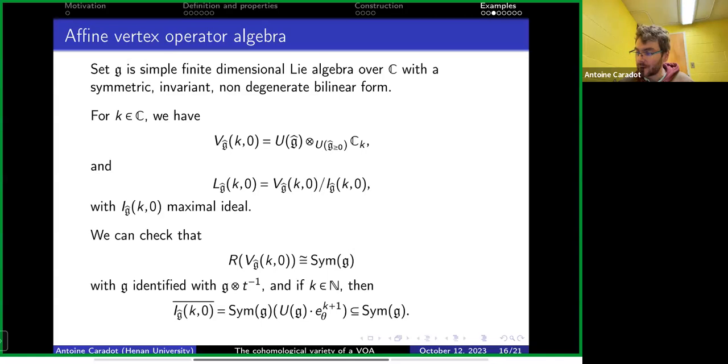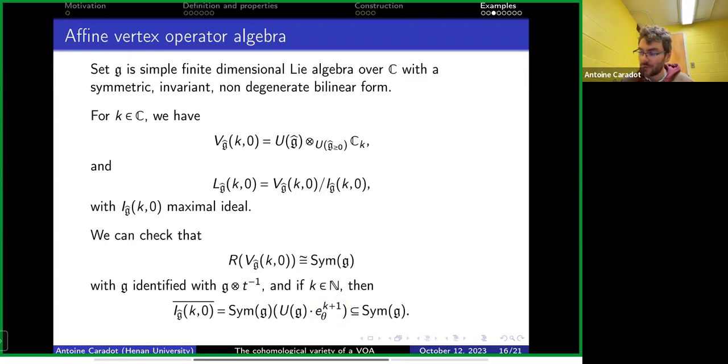Then, because of this equality here, the C2 algebra of the simple VOA is going to be a quotient of the C2 algebra of the universal VOA by the image of the ideal I into this C2 algebra. So this is what I write with this top bar. It's the image of the ideal inside the C2 algebra. And you can see it as a G-module for the action of G. And it will be generated by E theta to the k plus 1.